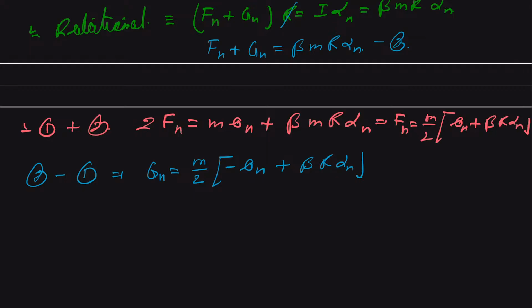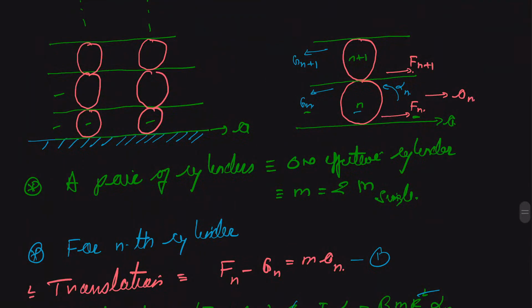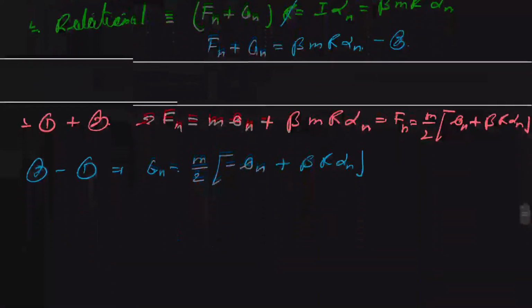Okay. And so this is our value of F of n and G of n for our nth plank. And from this figure we can also see that our G of n will be equivalent to our F of n, because they are acting in the opposite direction but their magnitude will be the same.